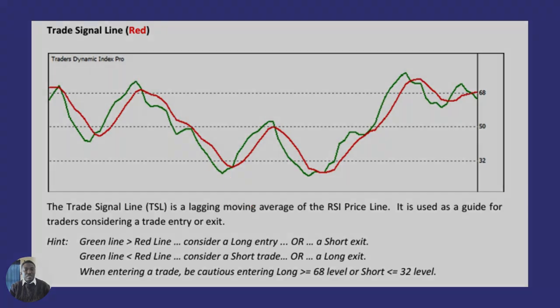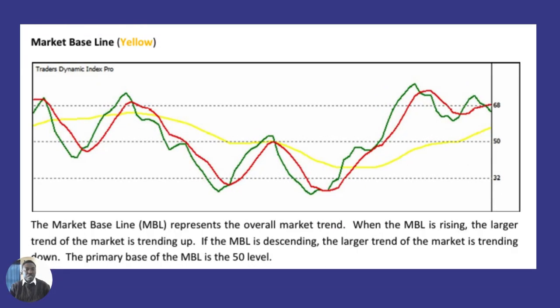So let's go to the next component. The next component is the yellow market baseline. The yellow line is called the market baseline, which represents the overall market trend. You can see the yellow trend line trends in a single direction more than both the green and the red moving average. These three components are moving averages that you install on your TDI.